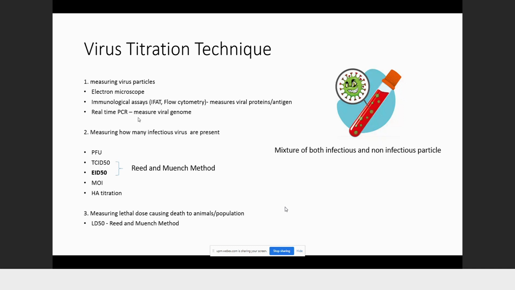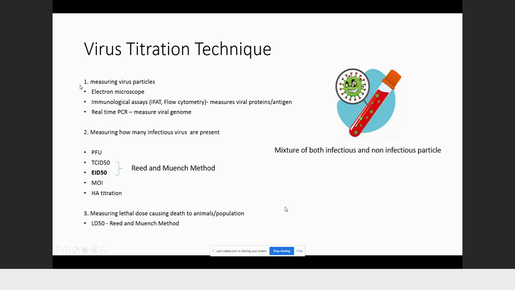So in order to measure all the virus present in our stock, regardless of infectious or non-infectious virus particles, we can use electron microscope. Basically, you can count how many complete viruses are there in the samples.